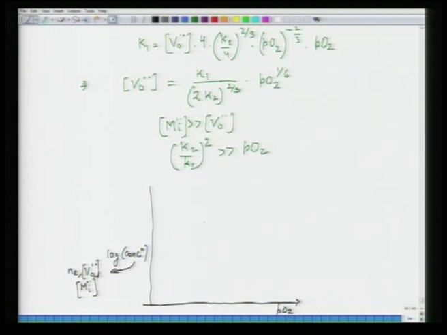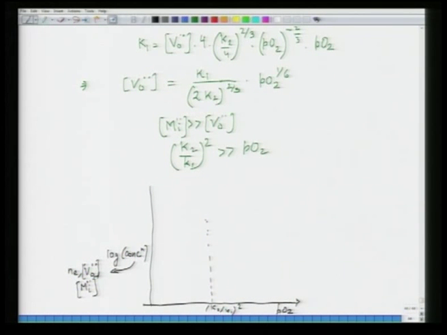So, the boundary we get at, let us say we start at an arbitrary point, and this boundary is equal to K2 by K1 square. Okay. So, now what we see is that K2 by K1 square is larger than PO2, which means the smaller PO2s.